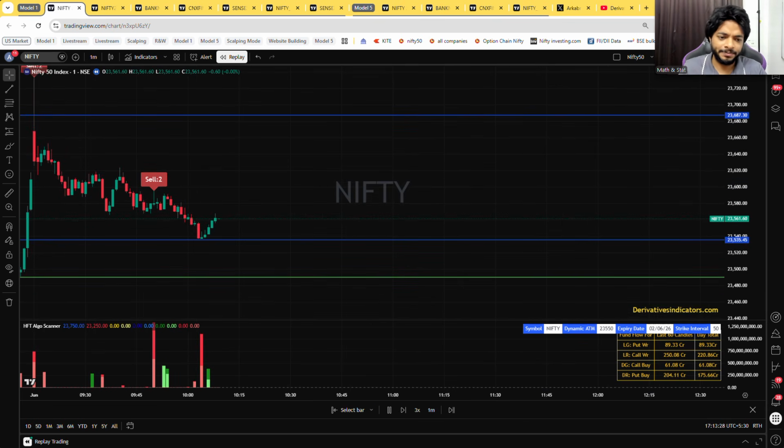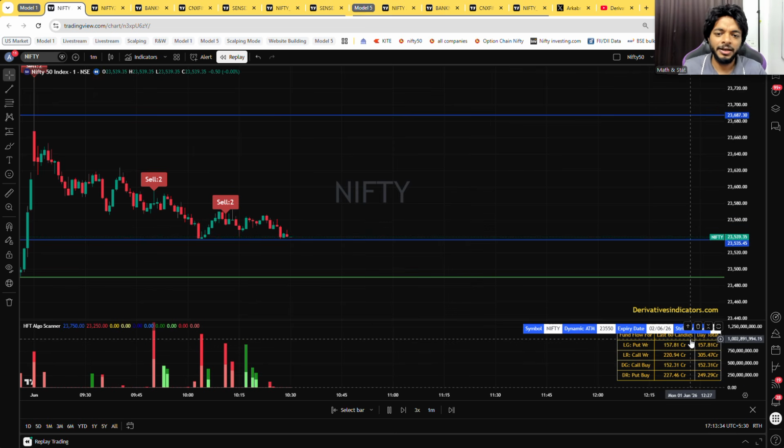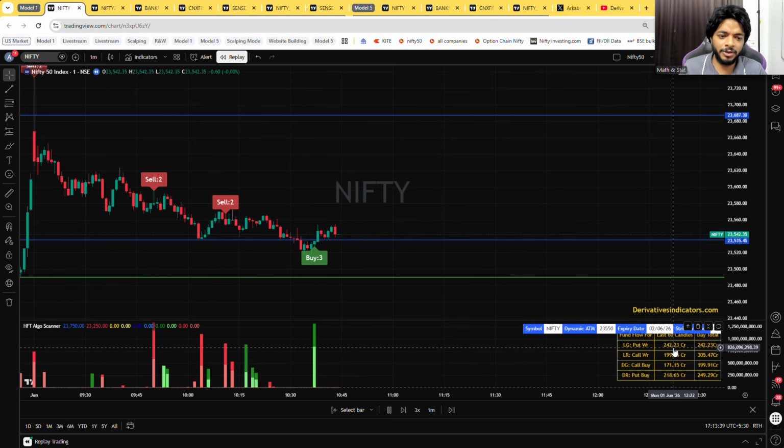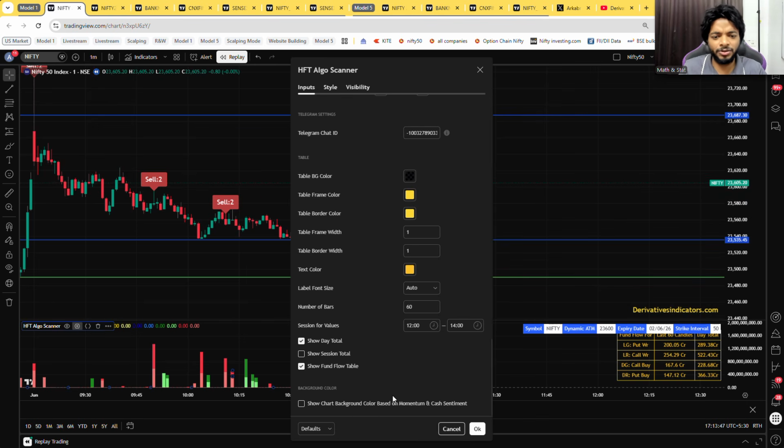This table on the right will tell you what happened in the last 60 candles. That means if I'm on a 1 minute chart, it's the last 1 hour. Then the day's total is also there, so that also helps you. If you want to change the last 60 minutes to anything, you can do that in the settings.